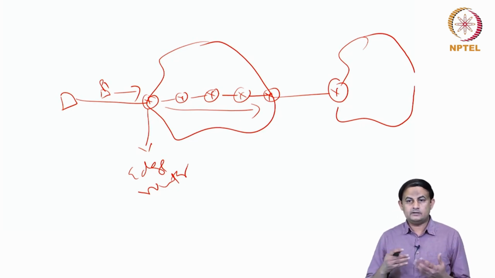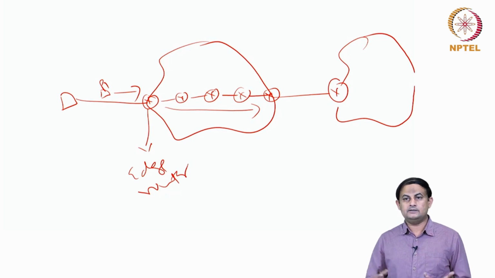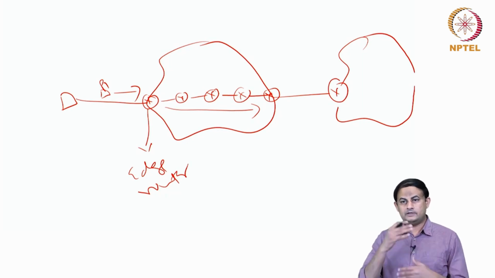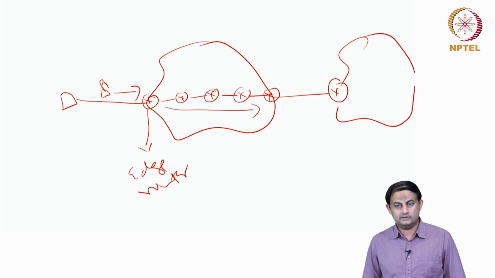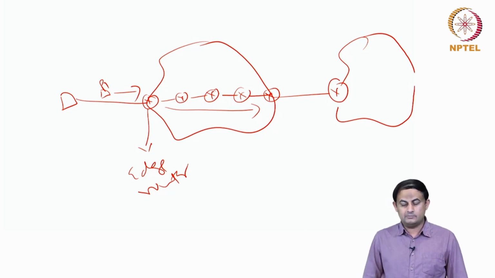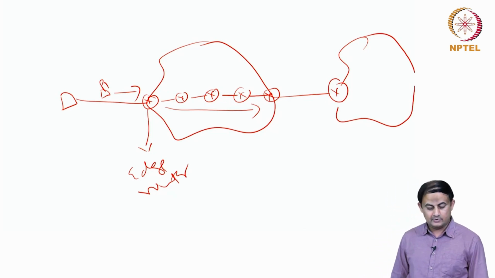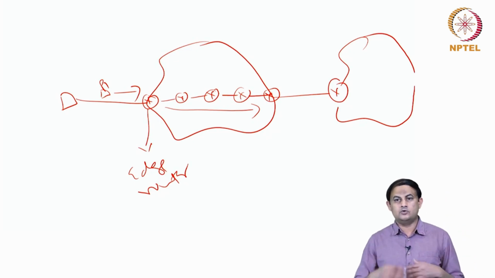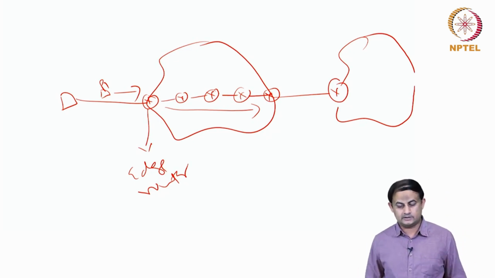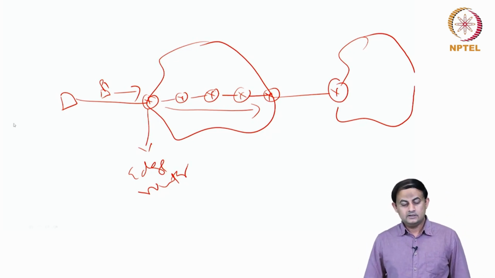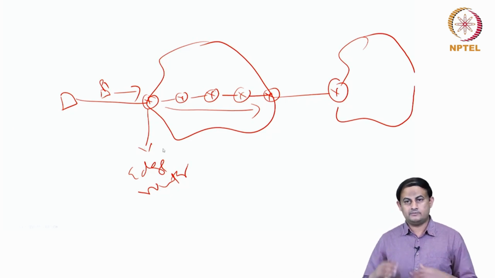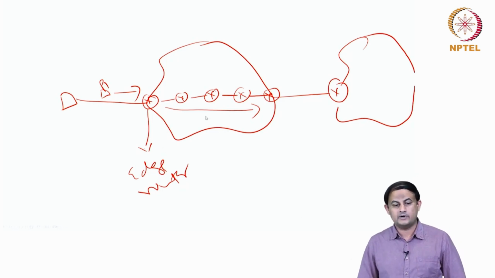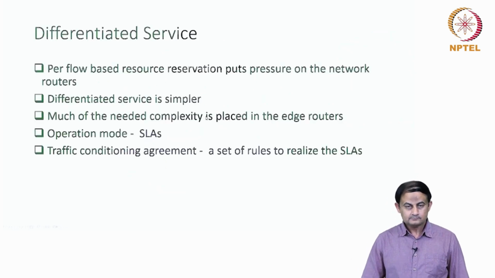They forward the packet with the appropriate priority, differentiating when to drop which packet, looking at the code. That's what the differentiated service is all about. There are only a handful of such code points that the differentiated service defines, but using that, the prioritized service or quality of service is provided to the network services.